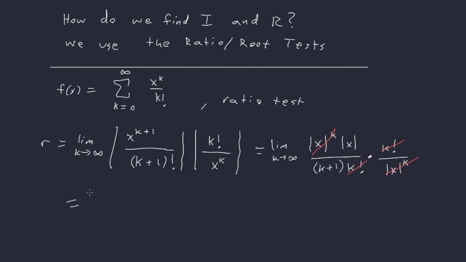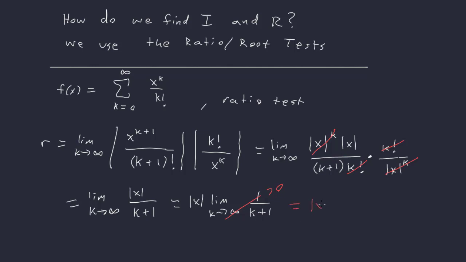So we're left with now just the limit as k goes to infinity, the absolute value of x all over k plus 1. Now it turns out that the x is not affected by the k, so I can actually pull that outside and just take the limit as k goes to infinity of 1 over k plus 1, and this goes to 0.